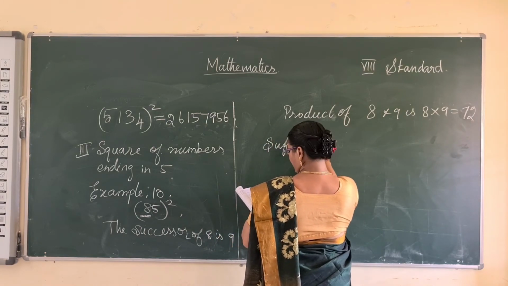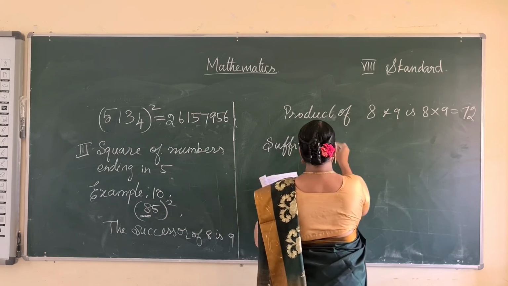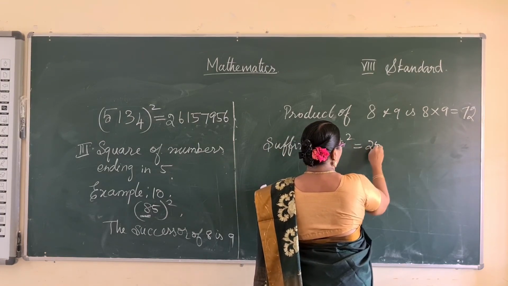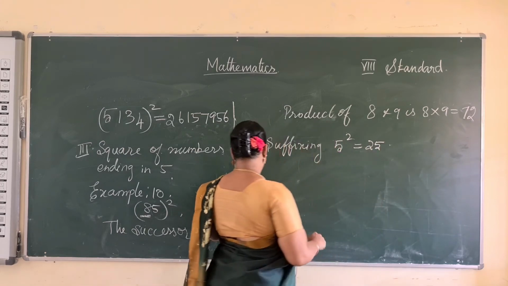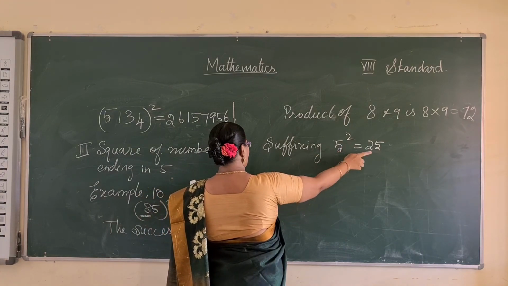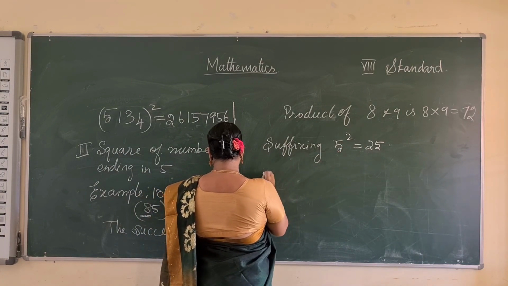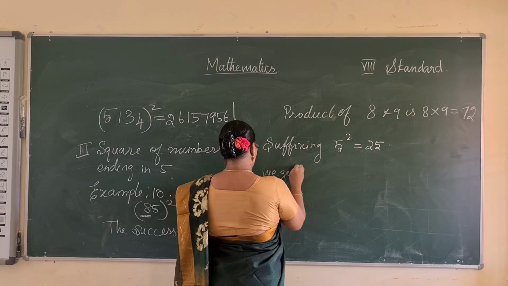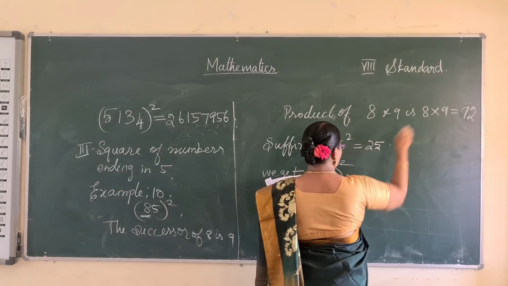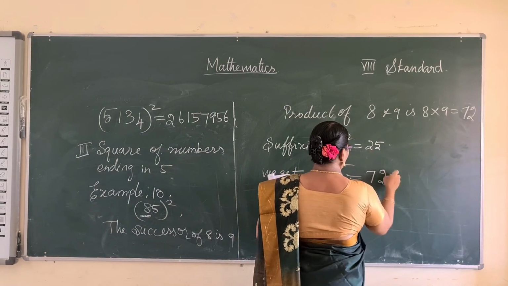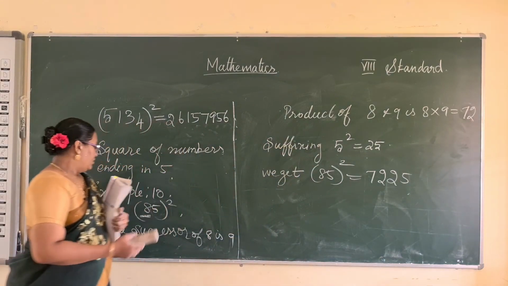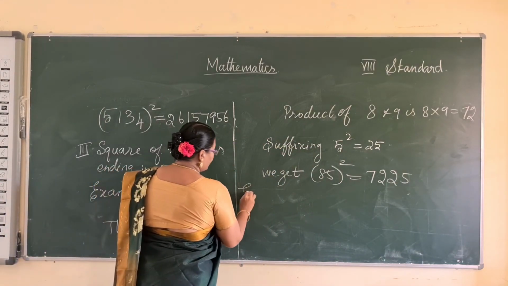Suffixing, 5 square is equal to 25. So we get 85 square is equal to, first write the prefix number 72 and write the suffix number 25. That's all.